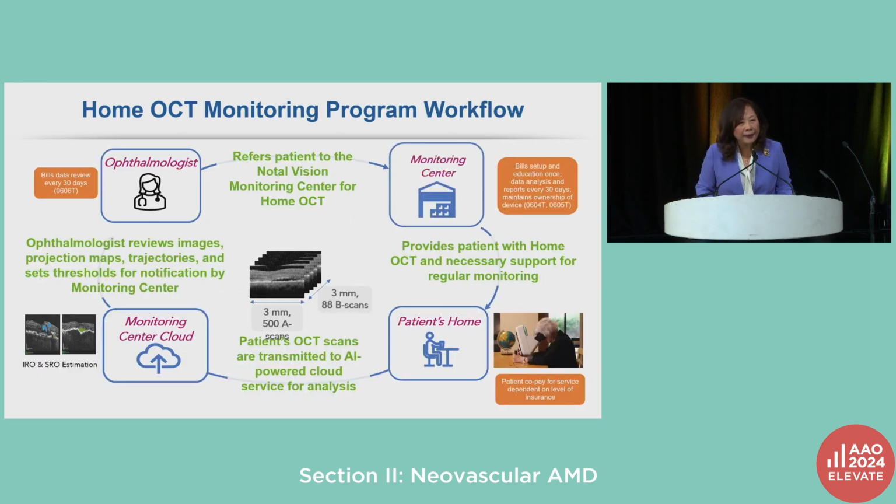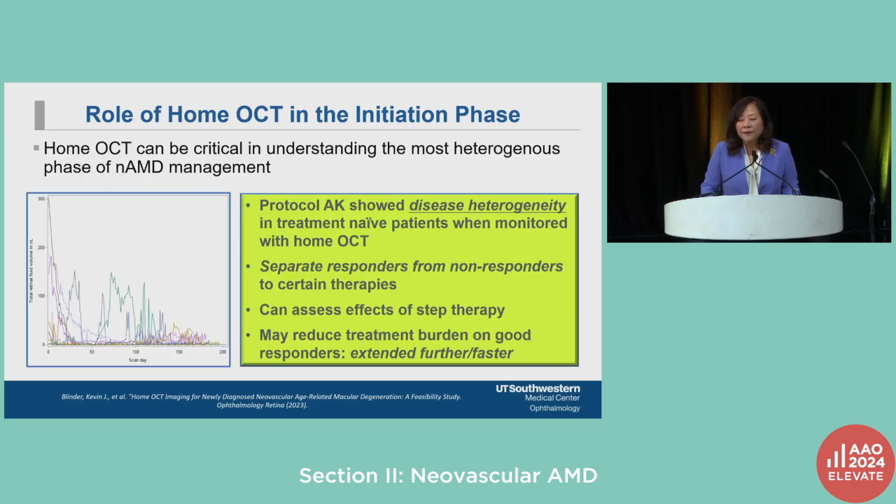And it is important in this telemedicine that we have a monitoring center to appreciate the success of home monitoring. We have seen that disease response to treatments is quite heterogeneous, and we can separate out good responders from poor responders earlier with home OCT.